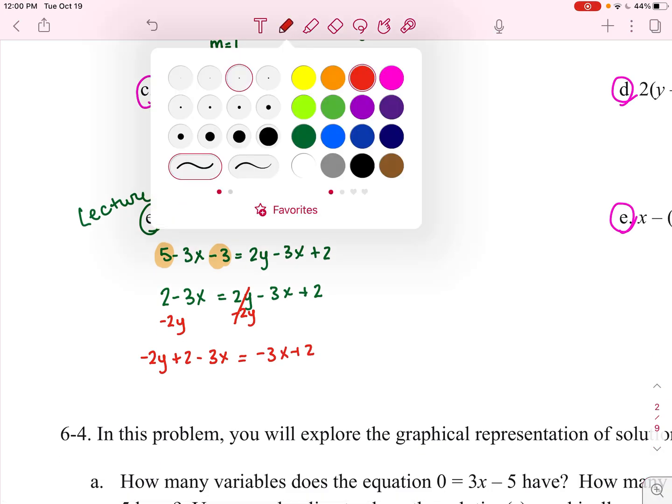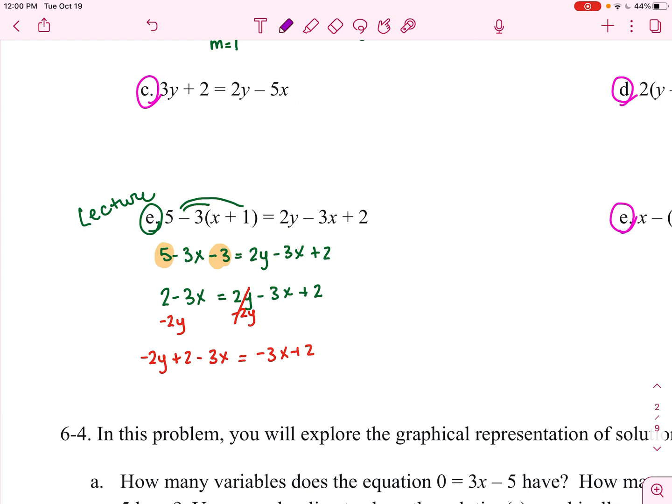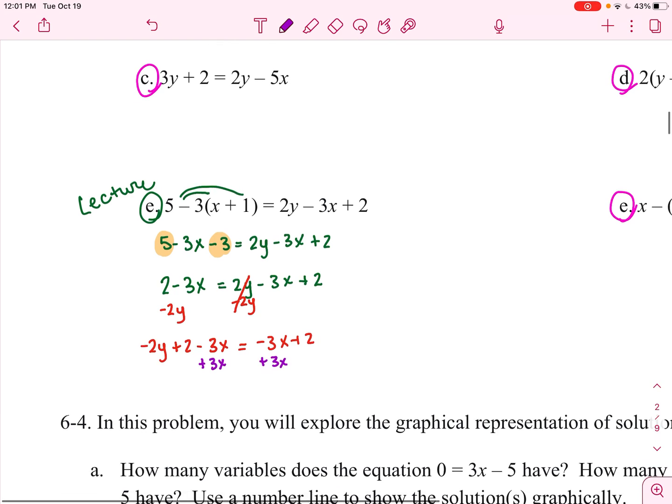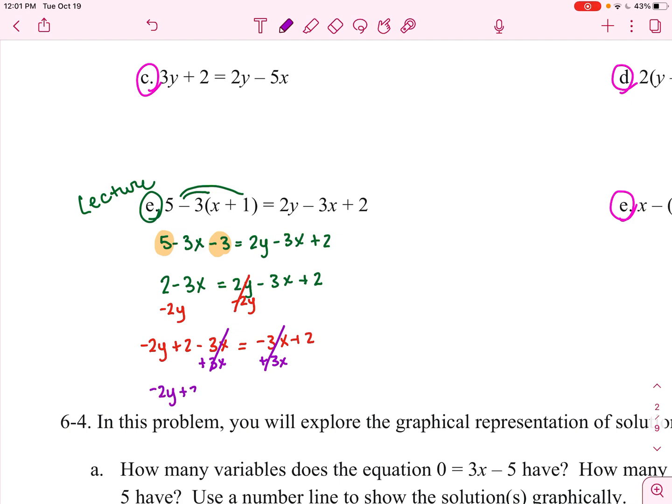Let's add my 3x to both sides of the equation because again I want to get y by itself. Those cancel out. These also cancel out. So I'm left with negative 2y plus 2 equals 2.